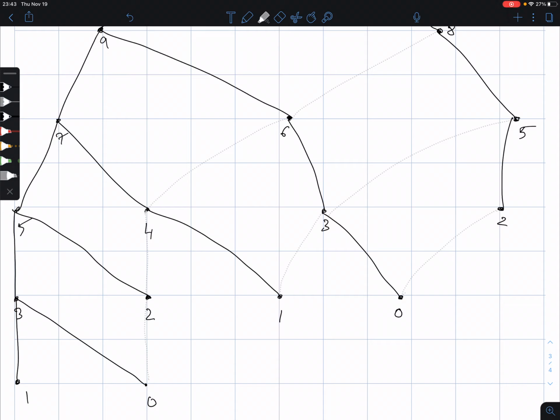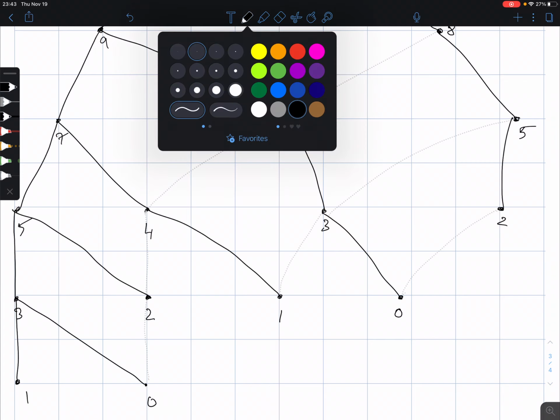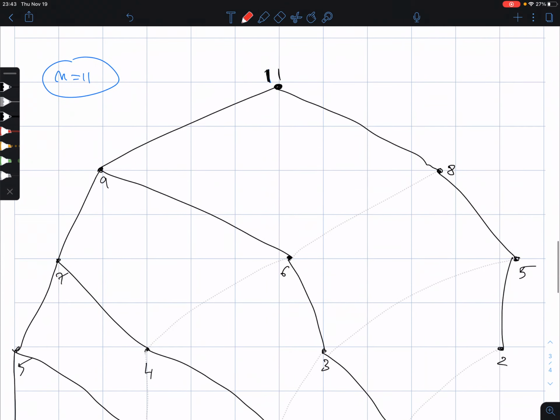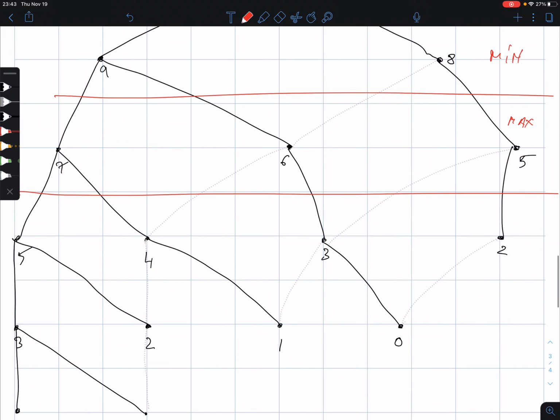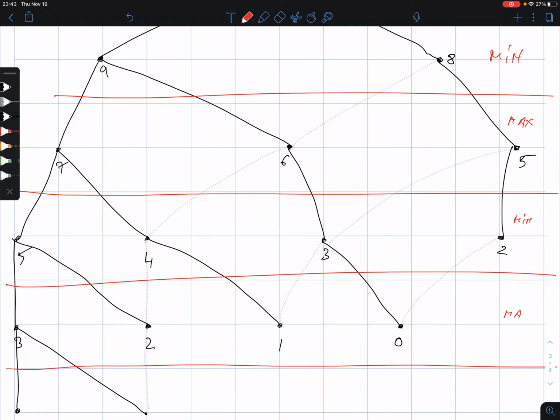Okay, let's draw the levels. I'll do that in red, perhaps. So this was max. This was min. This was max. This was min. And this was max again.